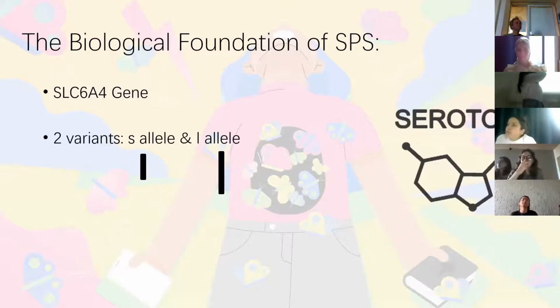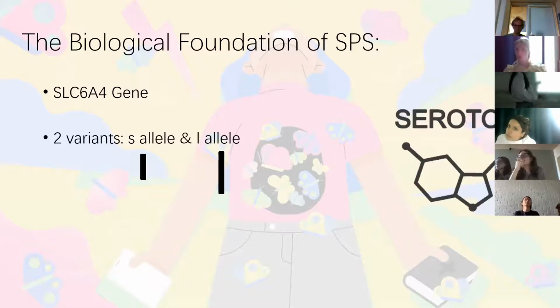And what determines the level of serotonin in your brain? Here comes a gene, which has two variants, an S allele and an L allele. The S allele represents a lower transportation efficiency of serotonin.